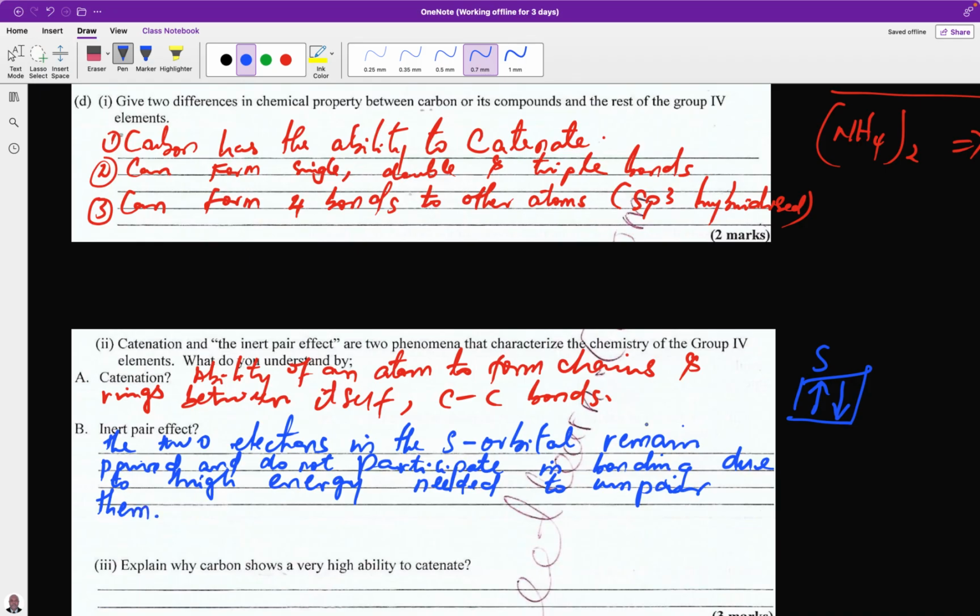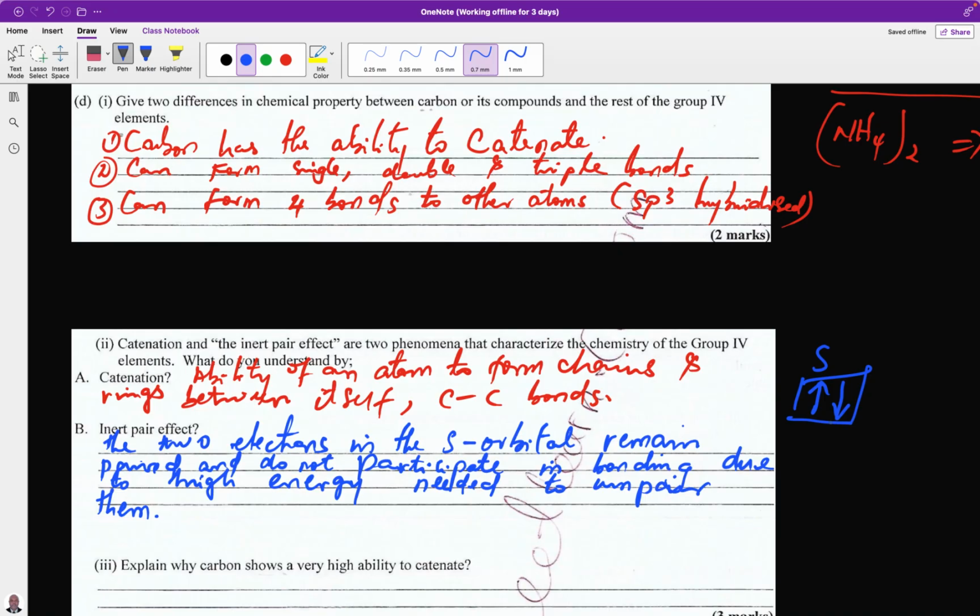Now an inert paired effect, we are saying, is a phenomenon where the two electrons in the s orbital remain paired and do not participate in bonding because high energy is needed to unpair them.